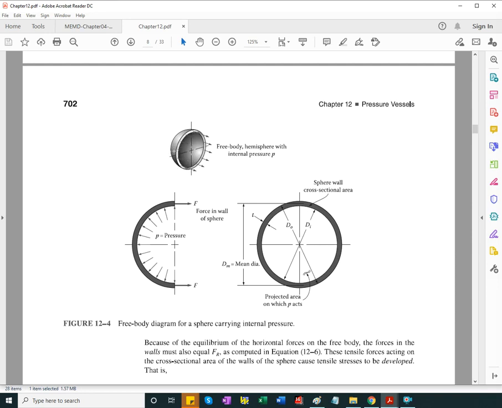So say I have 2 hemispheres, and I glue them. The glue that holds them together is subject to a force that is equal to, and here they are shown as 2 forces, but there's just one force, the resultant of the forces, which is the pressure times the projected area, the inside, that is the inside diameter squared over 4 times pi.